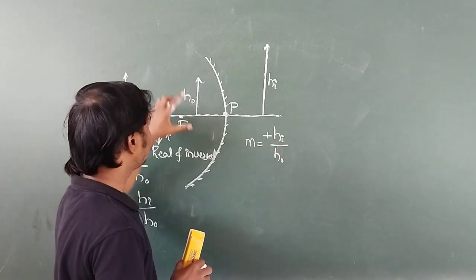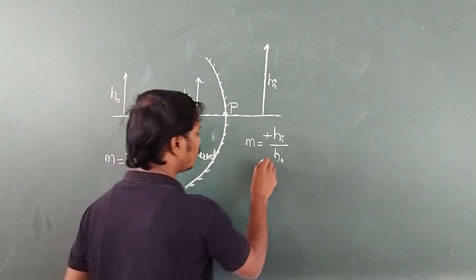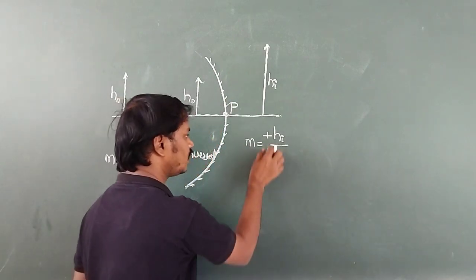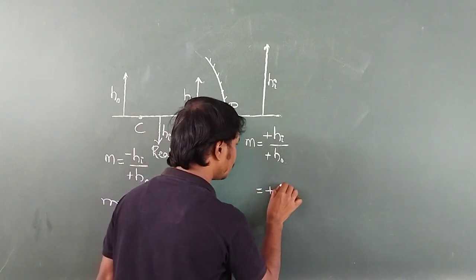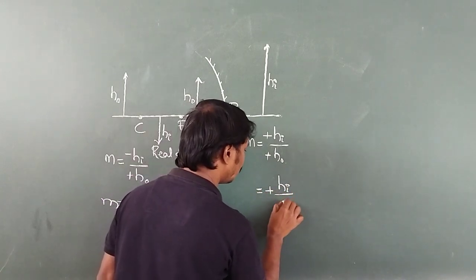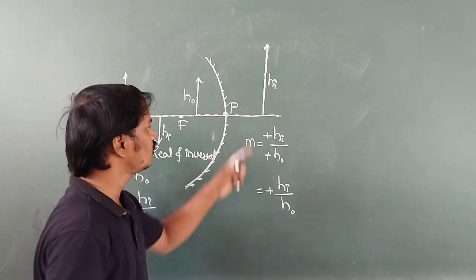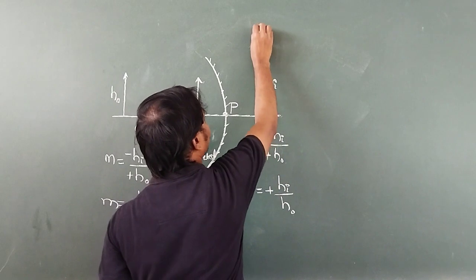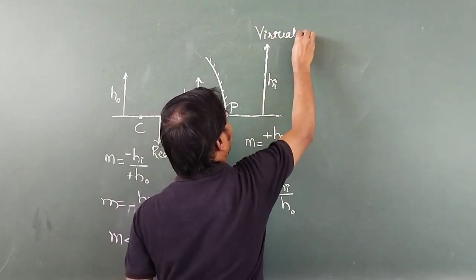And the height of the object is also measured in the upward direction, so it is also positive. Then positive by positive, again it is positive. Plus HI by HO. The positive sign indicates that the nature of the image is virtual and erect.